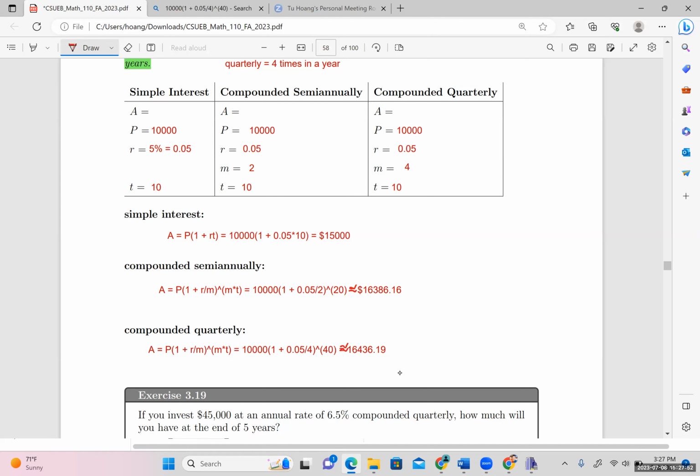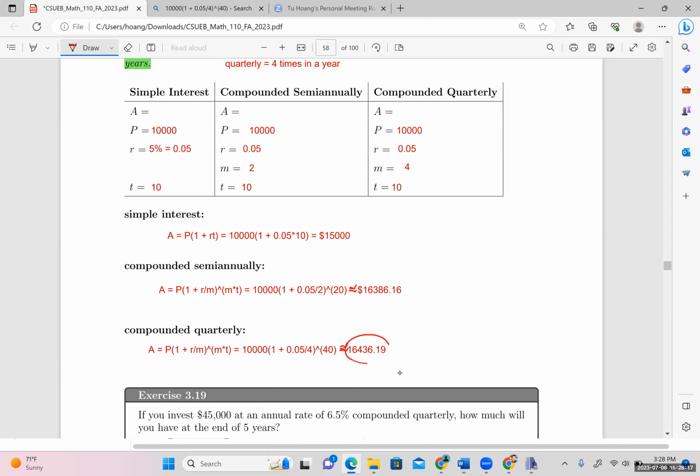Okay. So what does that mean if you compare all of these cases? Which one is the largest?